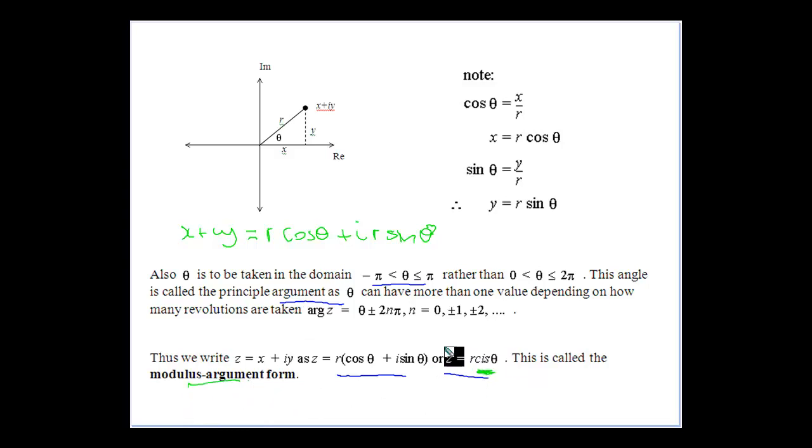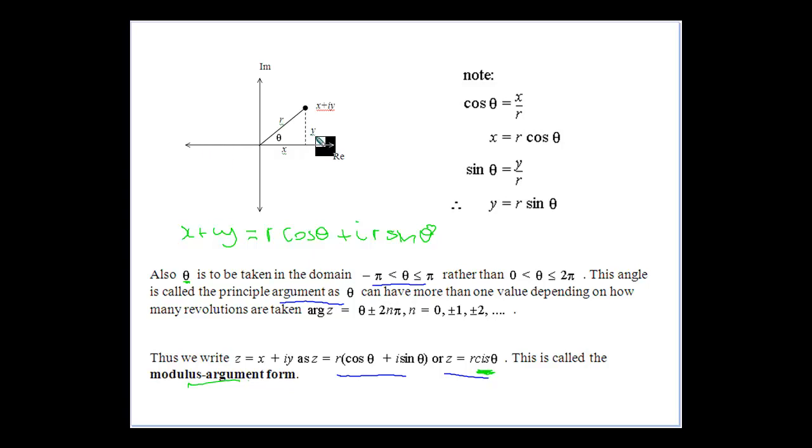Now, just a note on the angle. We can really write our angle in whatever form we like. If that's theta, and if we add on 360 to it, we get the same angle, and it's going to be the same as what it would be as an acute angle. What we generally take is our domain for theta. So how we generally tend to write theta is somewhere between minus pi or minus 180 and 180.